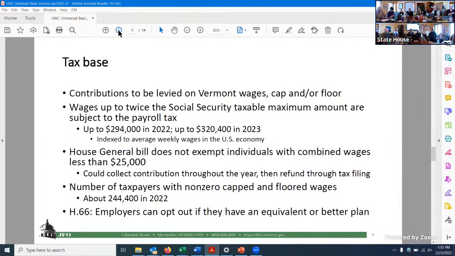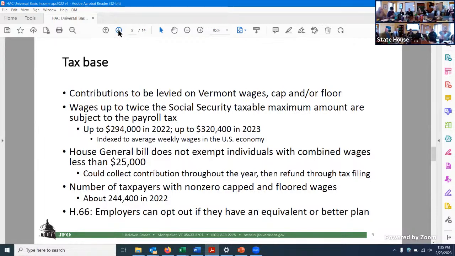The way it was structured is that those people would get the refund at the time of tax filing, as a lump sum at the end of the year. And from the information that we do have so far, there were approximately 244,400 wage payers earning above that 25,000 threshold.